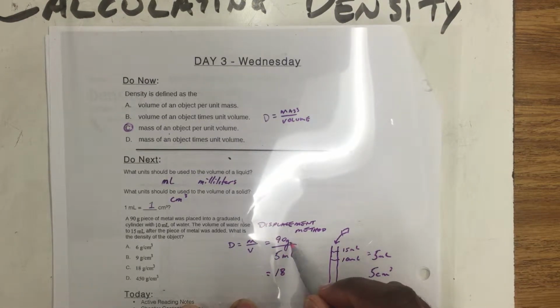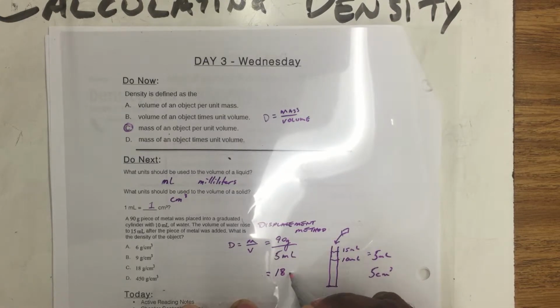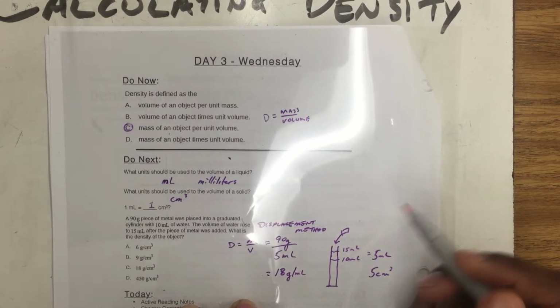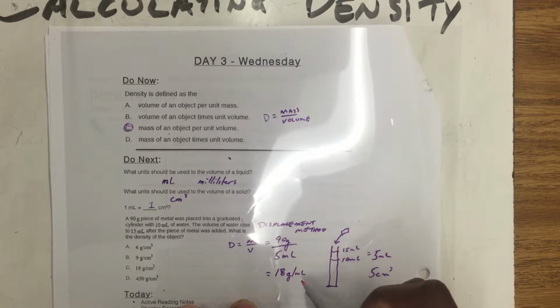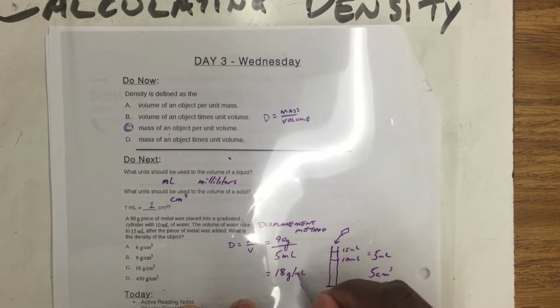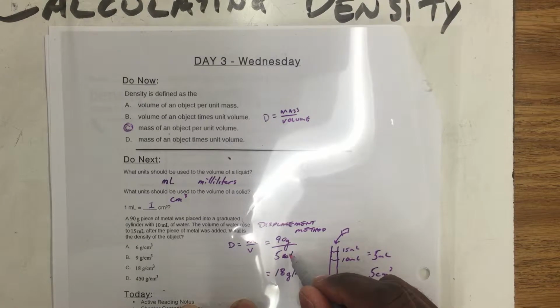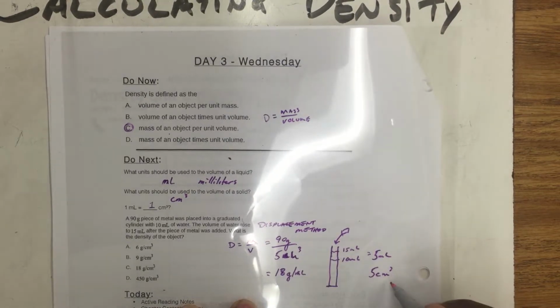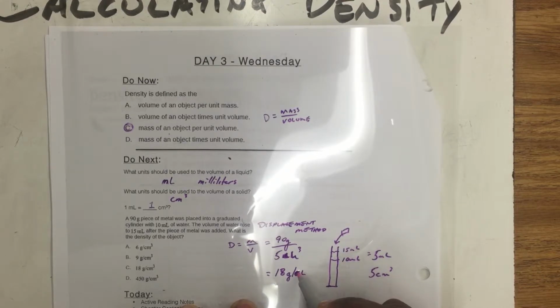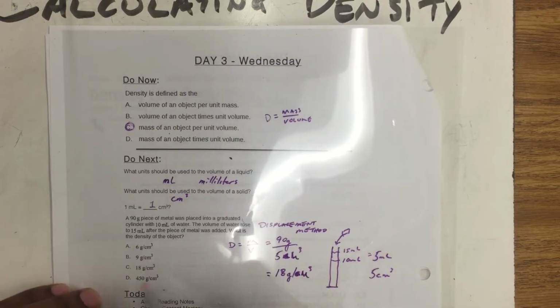We have grams on the top and milliliters on the bottom, so our units are going to be grams per milliliter. So the density of that piece of metal is 18 grams per, oh, I'm sorry, I messed up here. Again, this was solid, so I should have used my centimeters cubed as I said over here. So it's 18 grams per centimeter cubed. And we look over here, do we see it as an answer choice? We do. It is C.